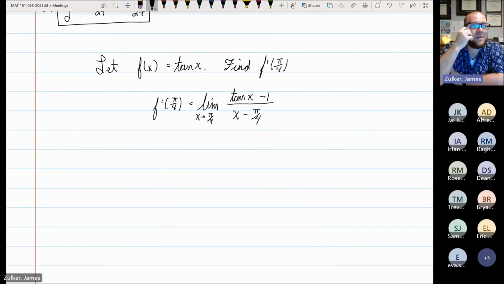Oh boy, that's going to be a fun limit. That limit is 2.